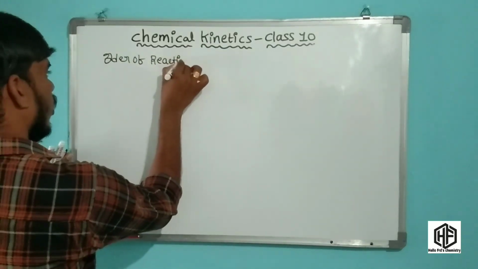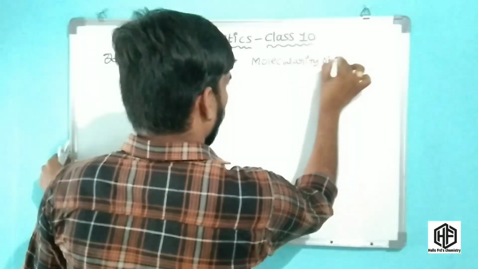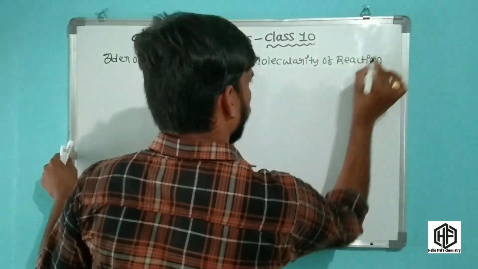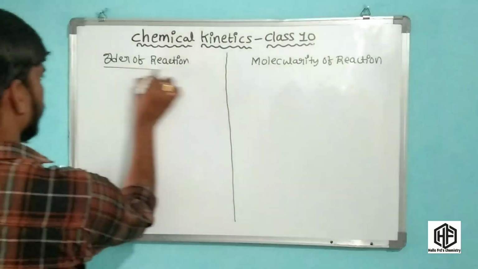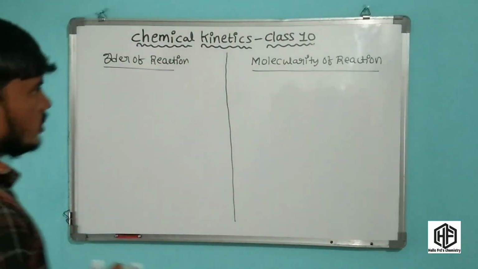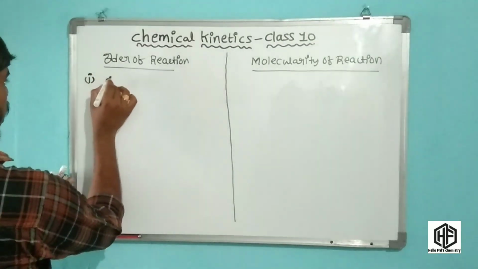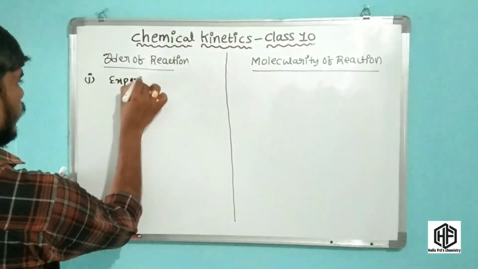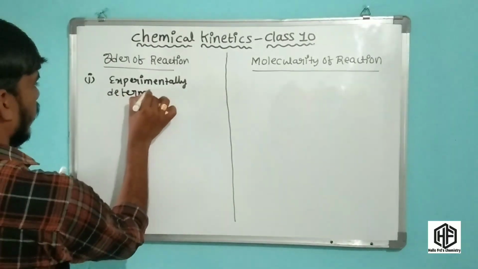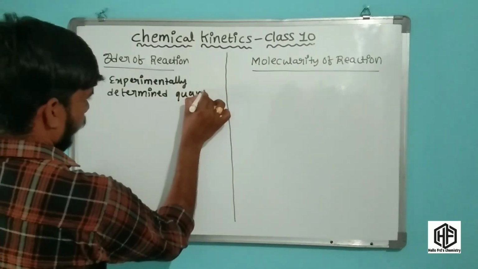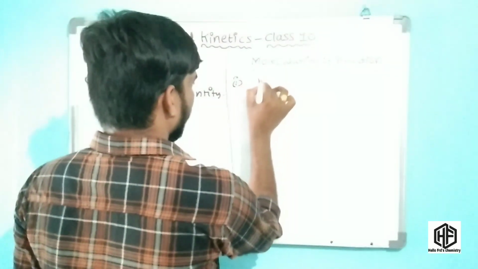Now the first important point is that order of reaction is an experimentally determined quantity, but molecularity is a theoretically determined quantity.